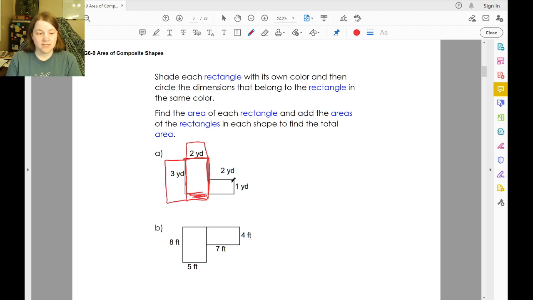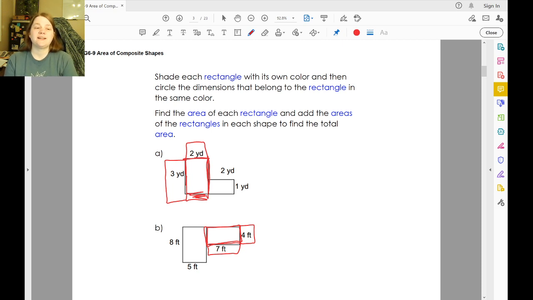The black rectangle's dimensions are 2 yards and 1 yard. Over here, the red rectangle's dimensions are 4 feet and 7 feet. The black rectangle's dimensions are 8 feet and 5 feet.